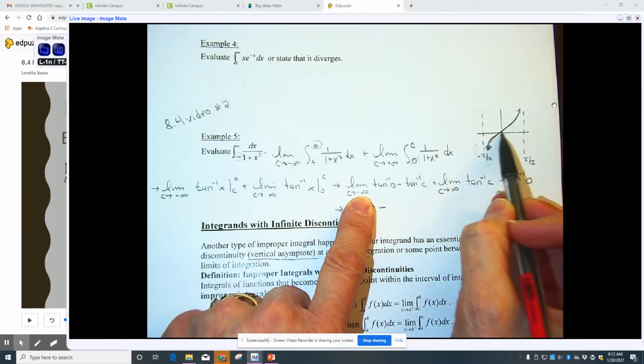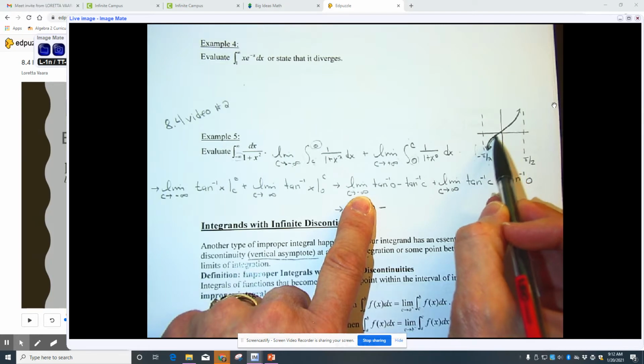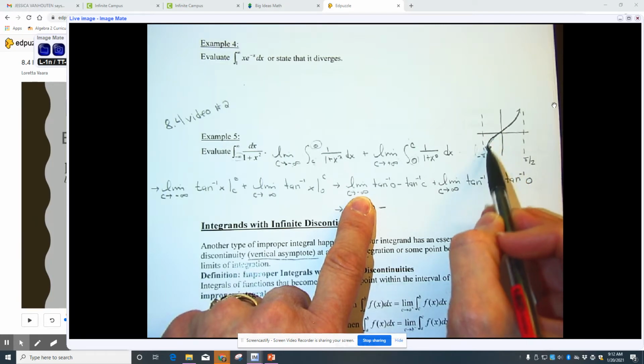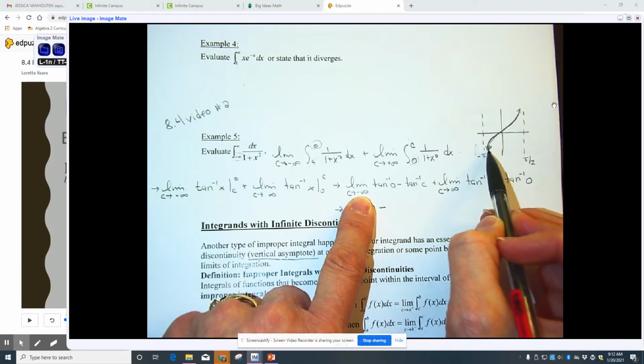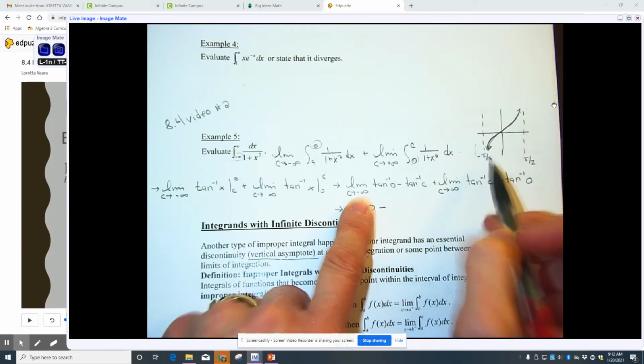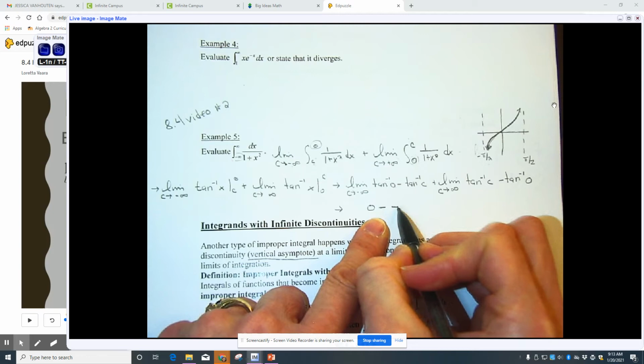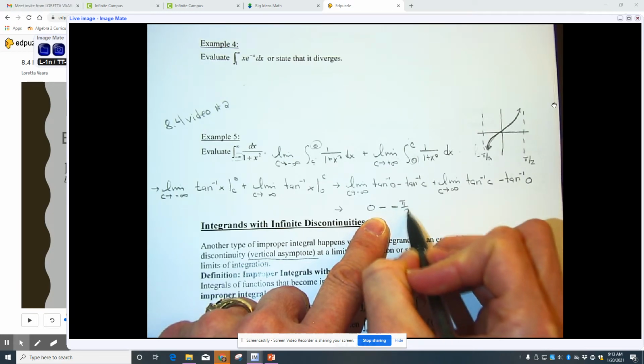As your x's approach negative infinity on this tangent graph, it approaches negative pi over 2, never reaches it because it's undefined there, but remember, I'm just approaching it. So what I'm getting close to there is negative pi over 2.